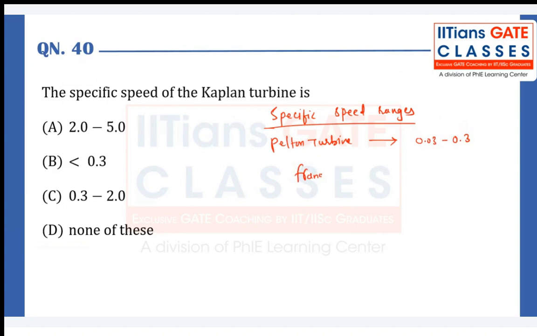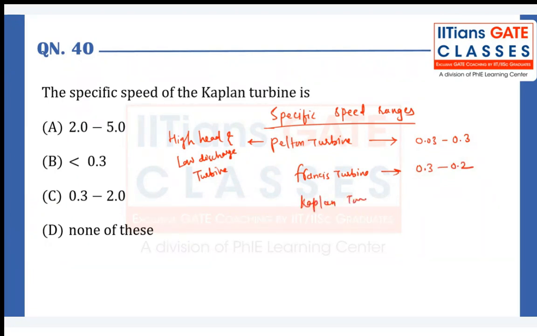Then we have the Francis turbine. We also call this a high head and low discharge turbine. High head and low discharge turbine, please remember that. For the Francis turbine we have the value 0.3 to 2.0.